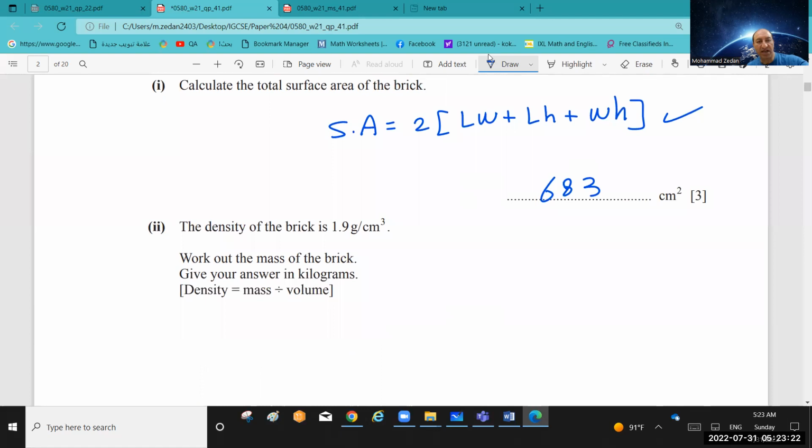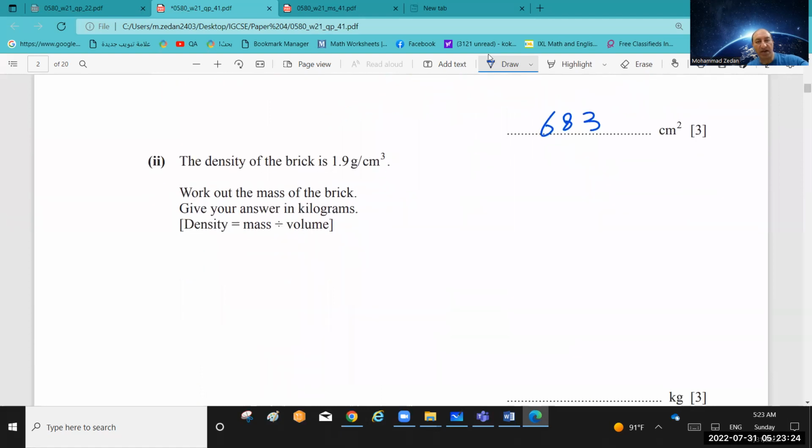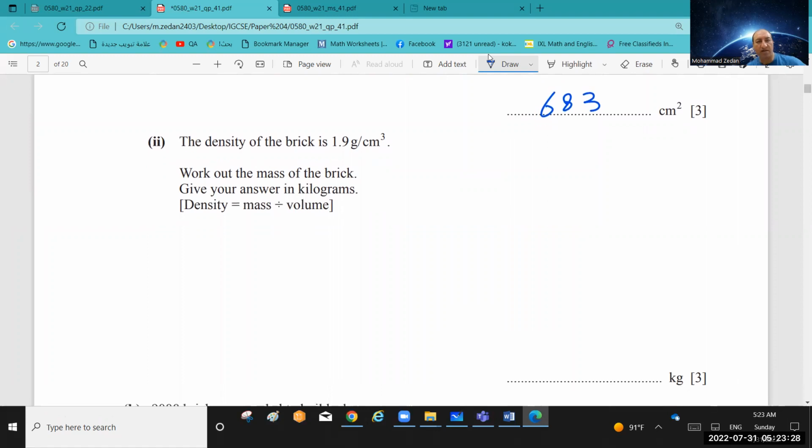Number 2, the density of the brick is 1.9 grams per cubic centimeter. Work out the mass of the brick, give your answer in kilograms. First of all, the density is mass divided by volume. The density 1.9 grams per cubic centimeter is equal to the mass, which will be in grams also, over the volume.